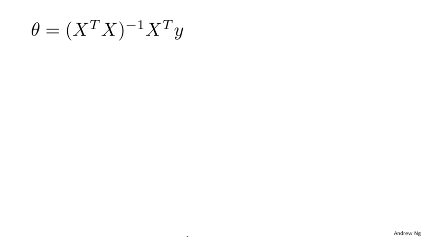I just want to make sure that this equation makes sense to you and that you know how to implement it. So concretely, what is this X transpose X inverse?